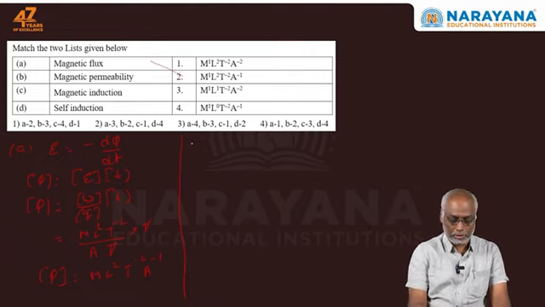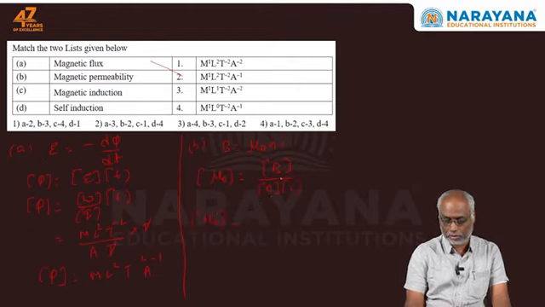Next one, permeability. I will use the formula B equals mu naught N I. The dimensional formula for mu naught will be equal to the dimensional formula for B divided by the dimensional formula for N into I. For B, I am going to replace it with force acting per unit charge per unit velocity, into N into current.